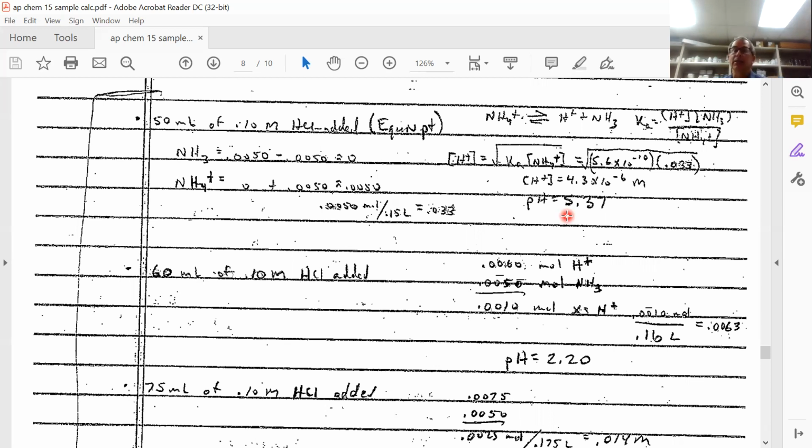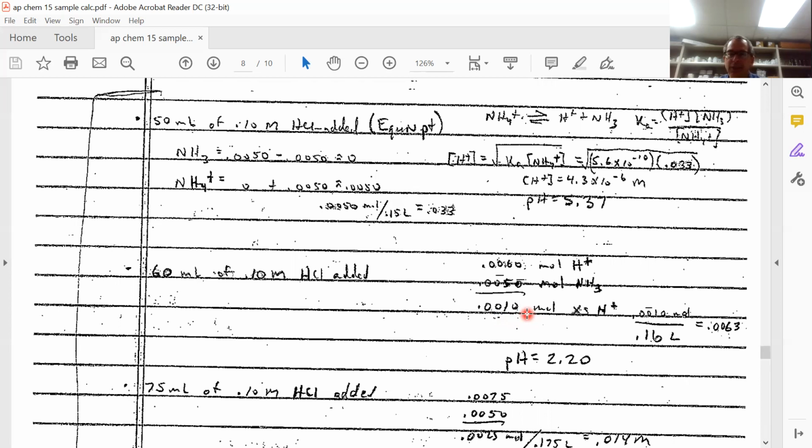Now, what happens if I go beyond that? Then I get an excess H+, and the pH tends to drop quite drastically. So let's say I go to 60 milliliters here. I have 0.0060 moles of H+. The NH3 neutralizes it and converts it to NH4+, which doesn't affect the pH very much, but I have 0.0010 moles of excess H+, and that's what's really going to affect the pH.